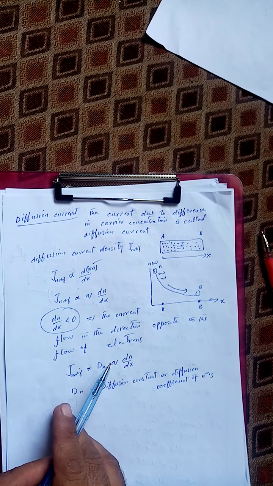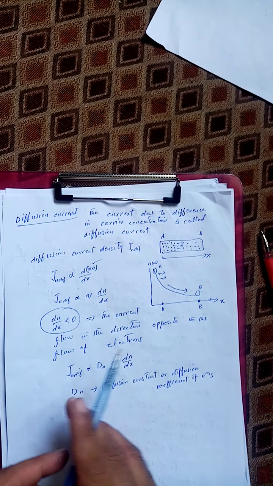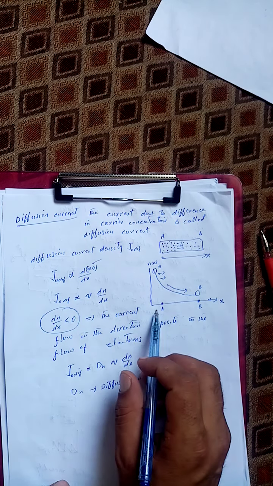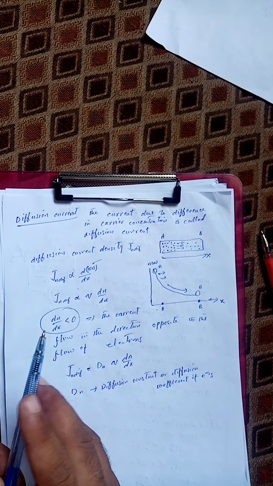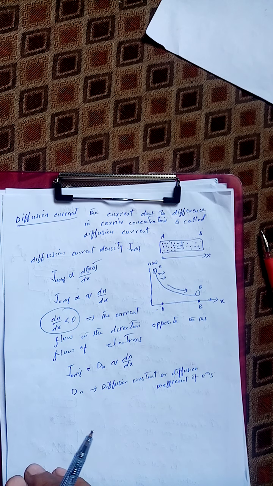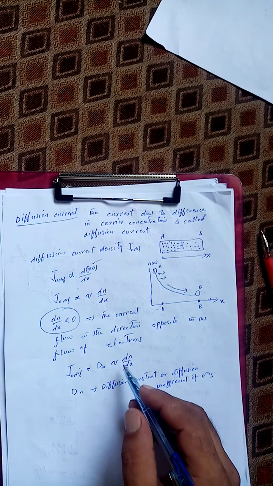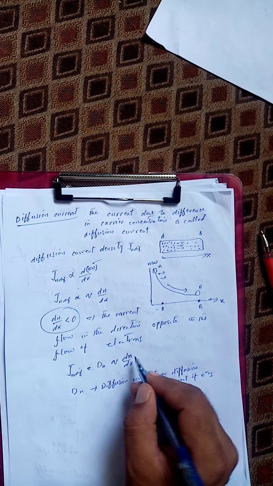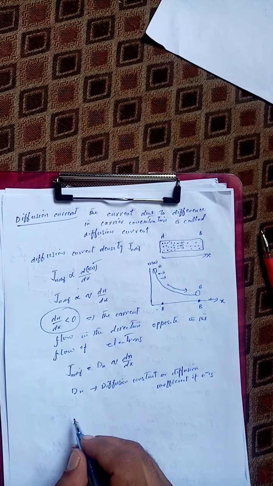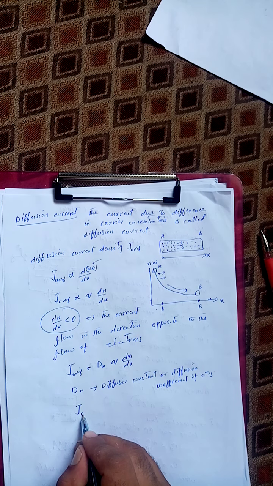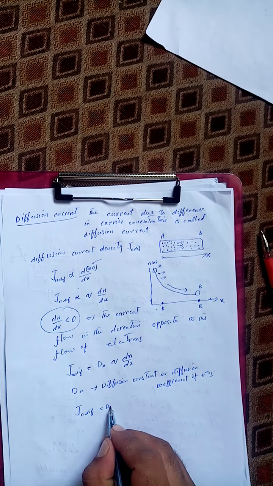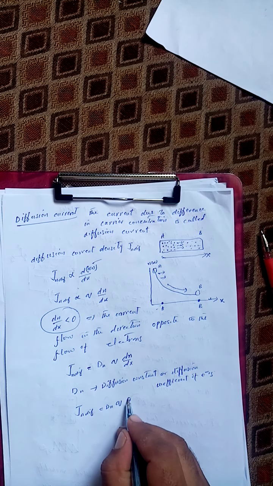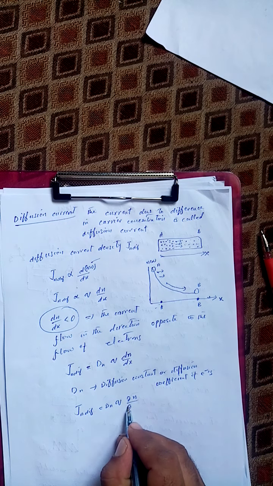It can have a time dependency also, because as time passes, there is a flow of electrons from higher concentration to lower concentration. If so, we can replace this total derivative by a partial derivative: Jn diffusion equals Dn q partial n over partial x.